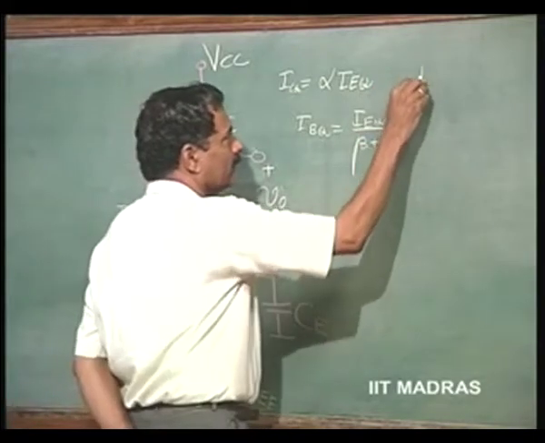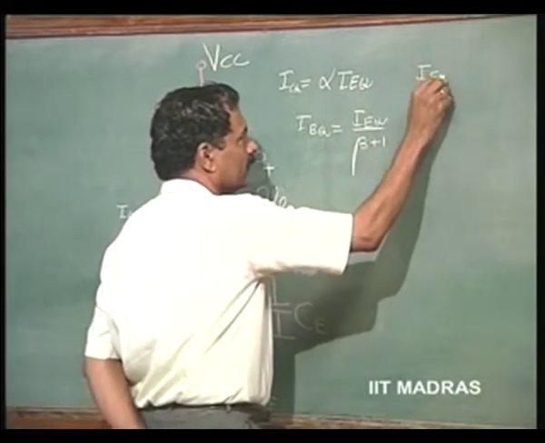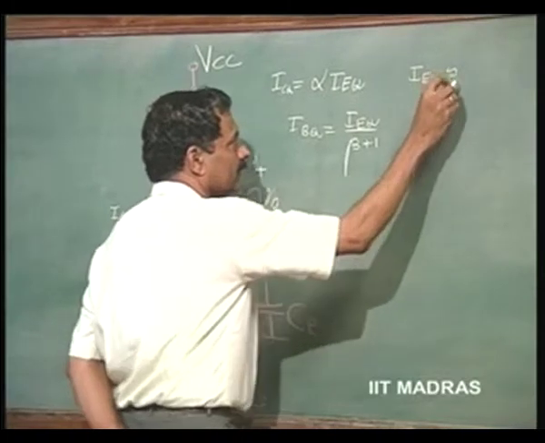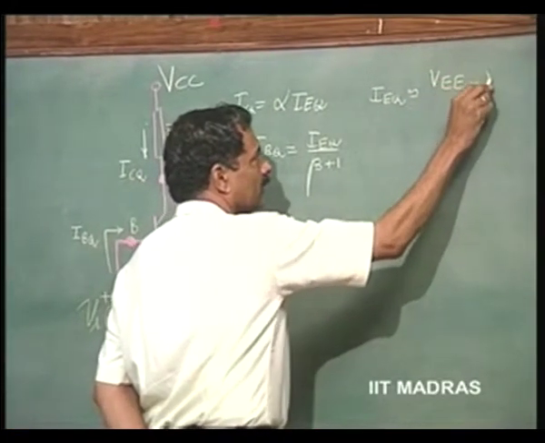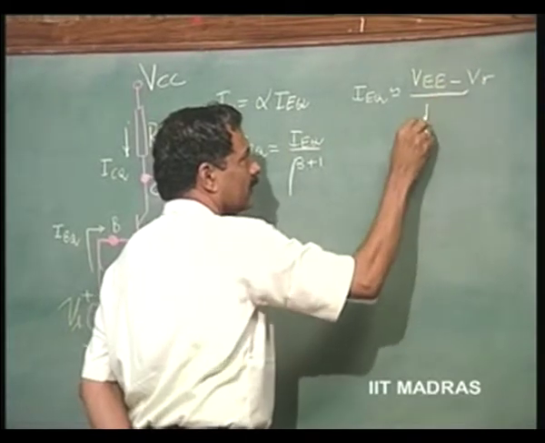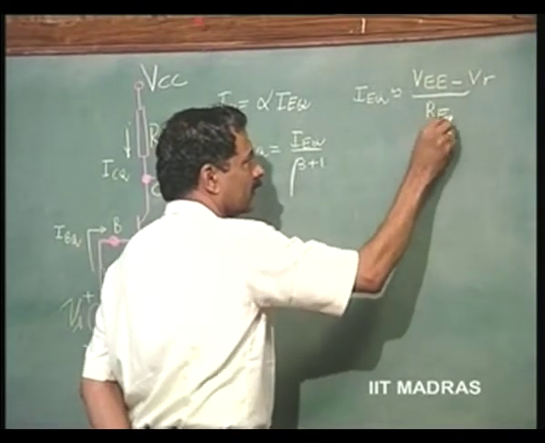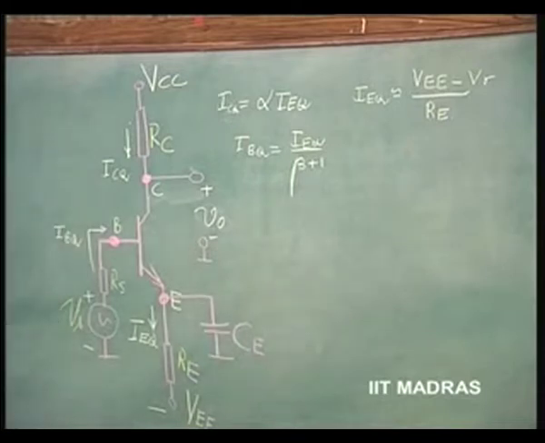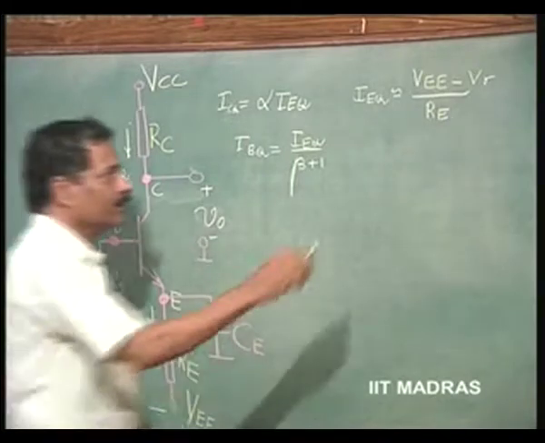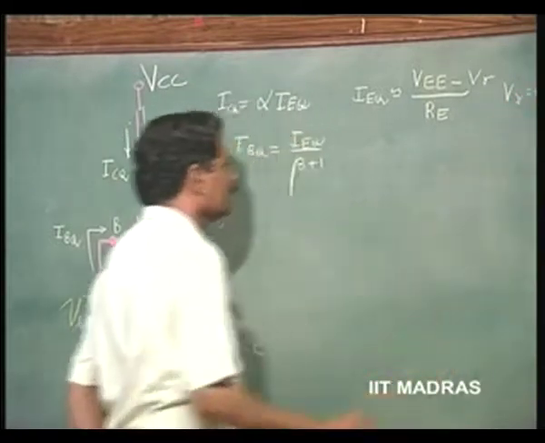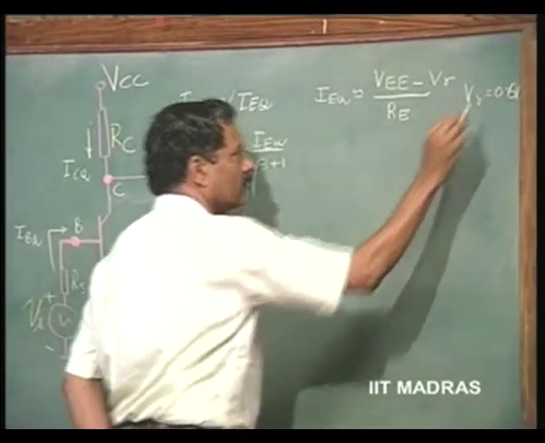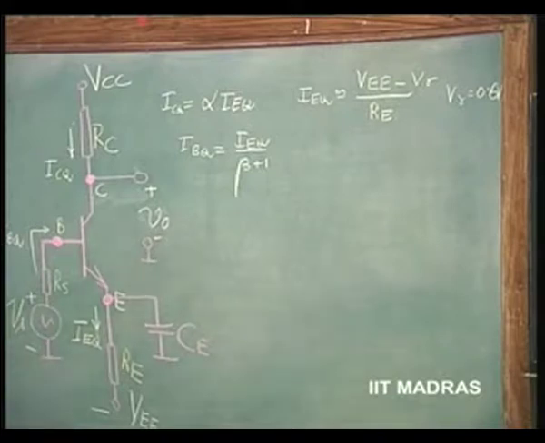And IEQ is going to be very nearly equal to VEE minus V gamma divided by RE, V gamma being typically 0.6 volts. So, this is what we had biased the transistor at.